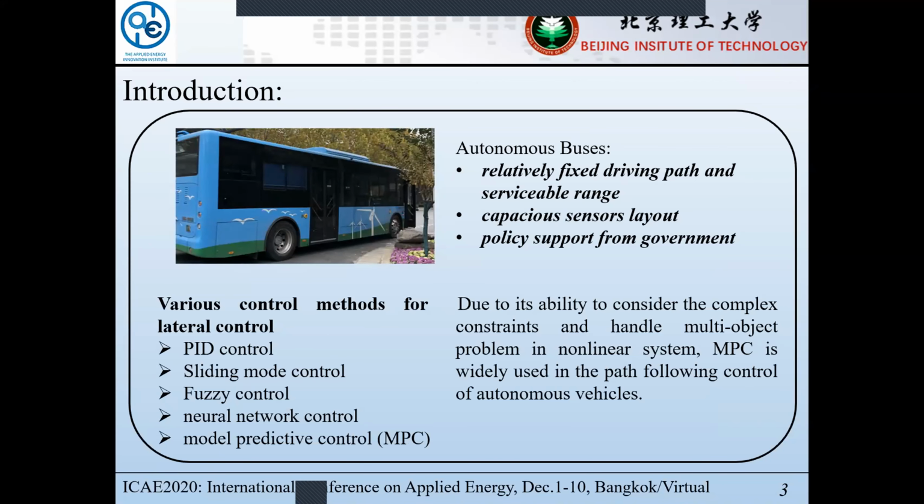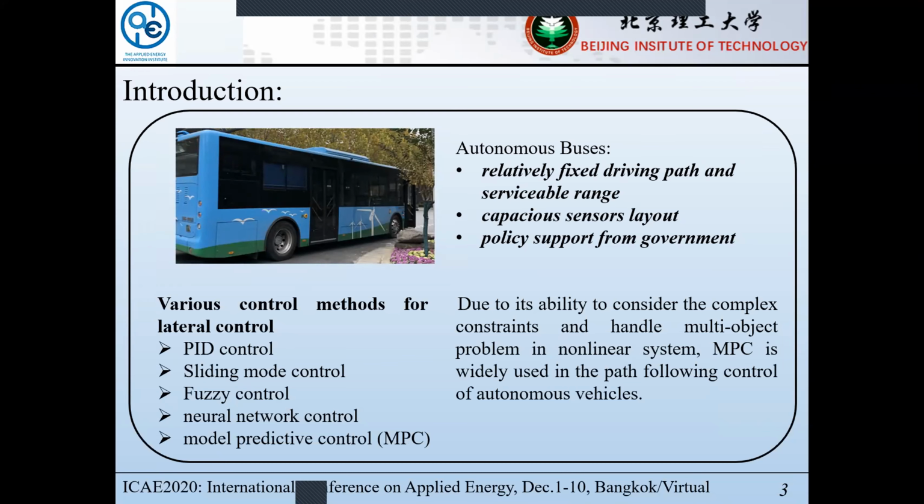Part 1, Introduction. Currently, due to relatively fixed driving paths, captured sensor layout, and more policy support from government, much attention has been focused on the development of lateral control for autonomous buses.